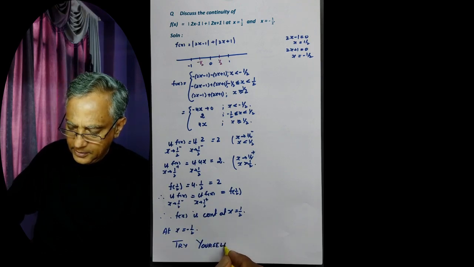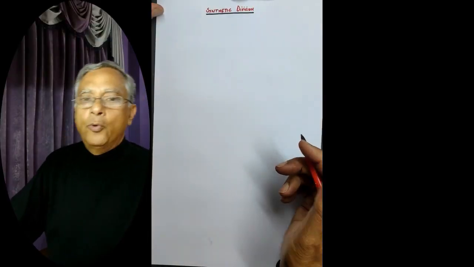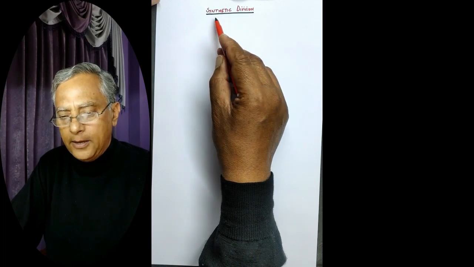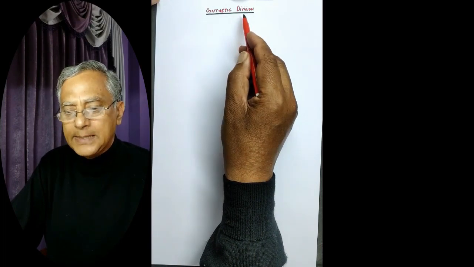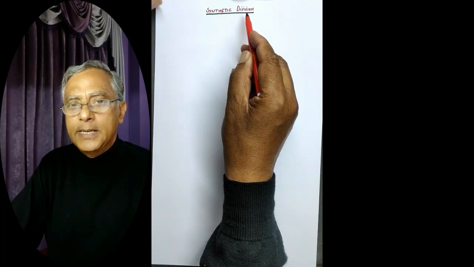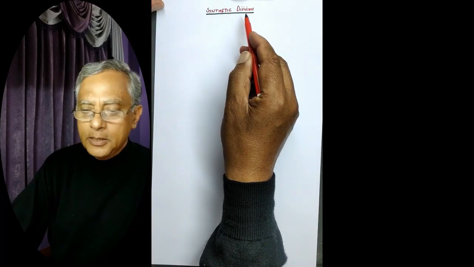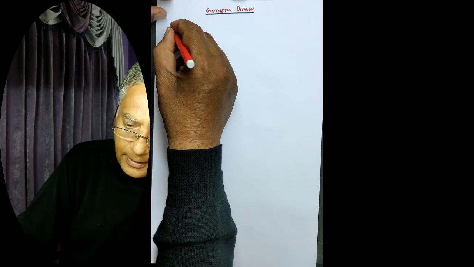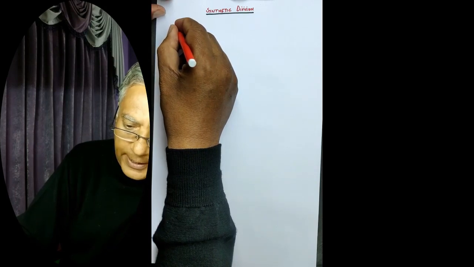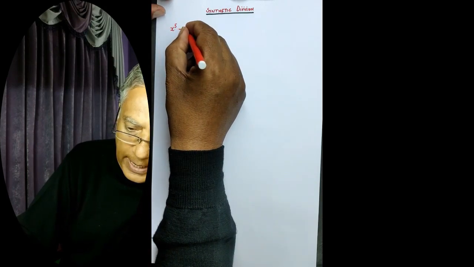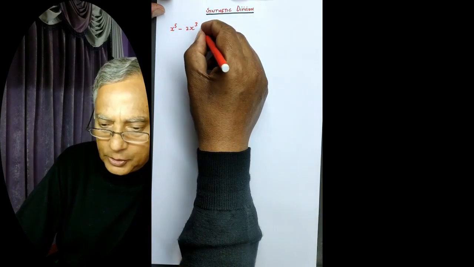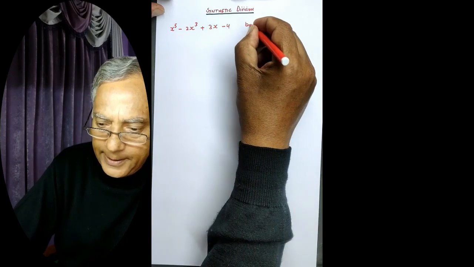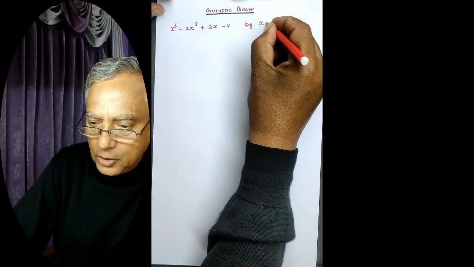You can try yourself. Now, before taking up the next question, I would like to discuss a very useful tool known as synthetic division or single line division. Suppose we have to divide a polynomial, say x to the power of 5 minus 2x cube plus 3x minus 4 by, say, x minus 2.